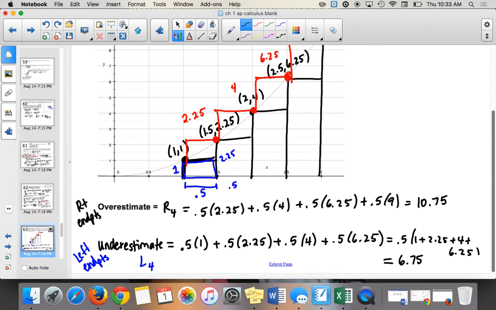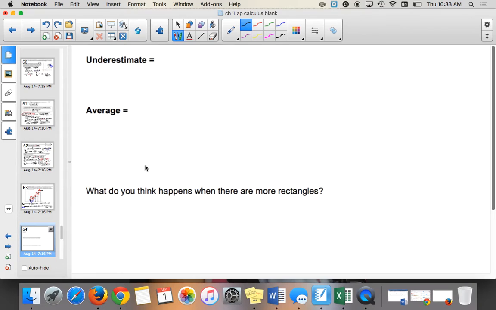What do you think we're going to do to get a better approximation? Yeah, we're going to do the average. If you average those two together, we're going to do our 10.75 plus 6.75, and we divide it by 2, and we end up getting 8.75.